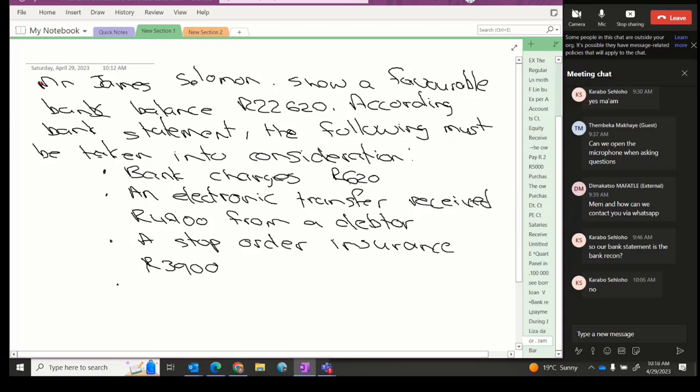So you are going to do the following changes that I gave you in your bank account, because they told you in the bank statement that obviously bank charges must be charged, the 620. Also, an electronic transfer received, so it's money that you received. And then the next one is insurance that you paid. So all of that must be done in your bank account.